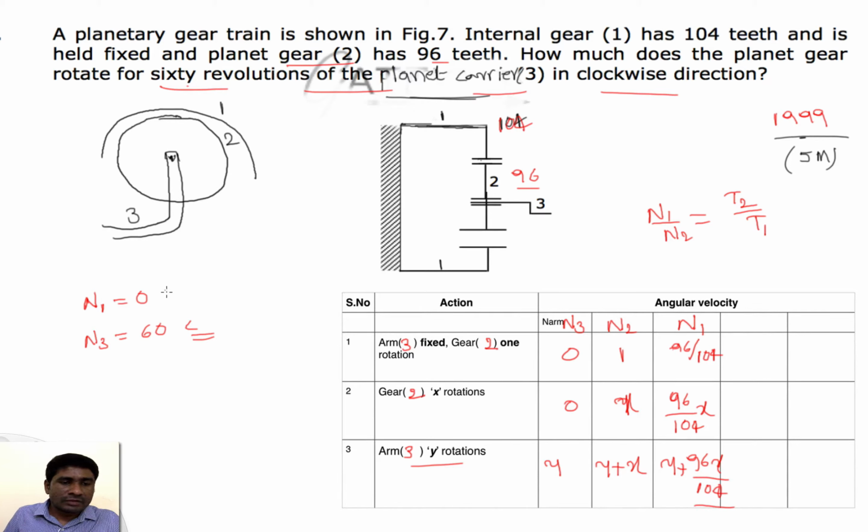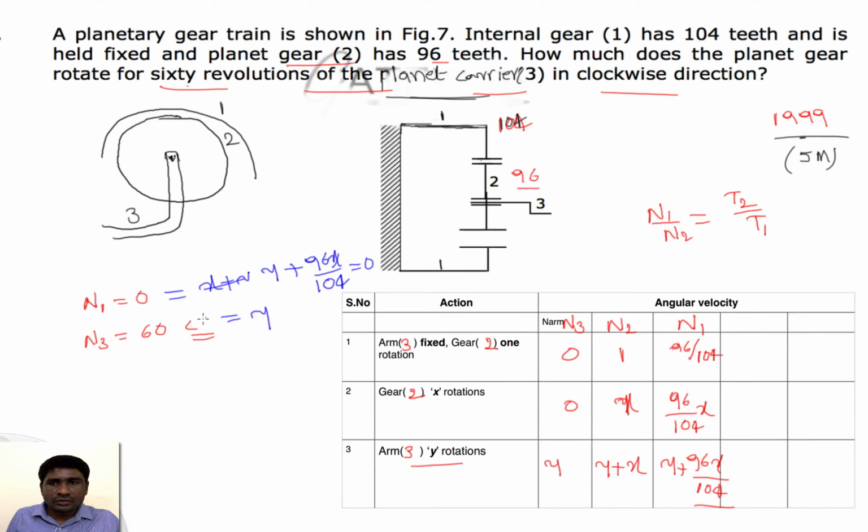So n1 is x plus y. Sorry, n1 is 0. This is y plus 96 x by 104 equal to 0 here. From this we can find the relation between x and y, and here n3 is nothing but y.